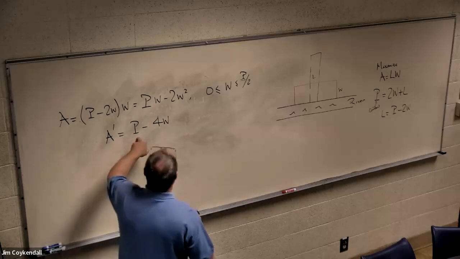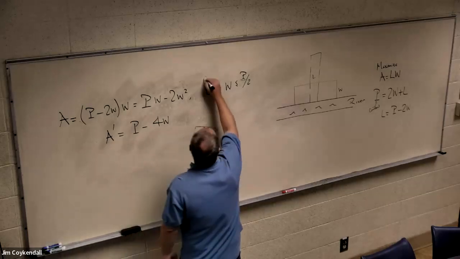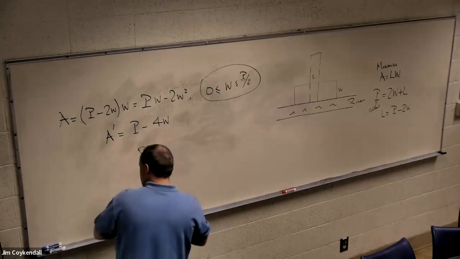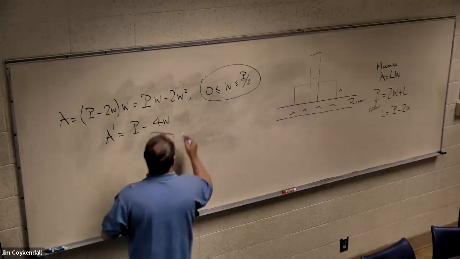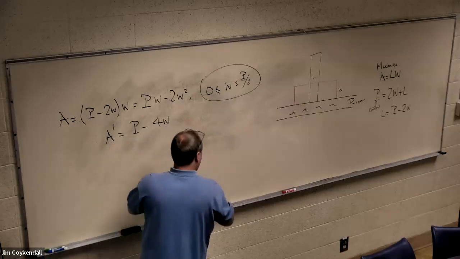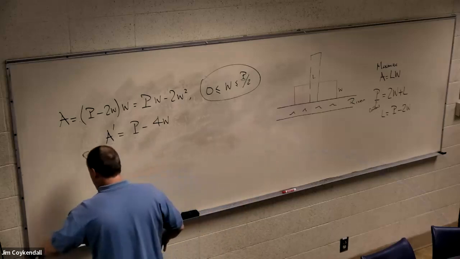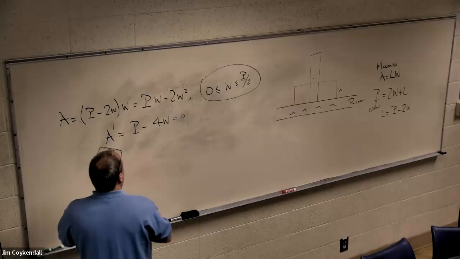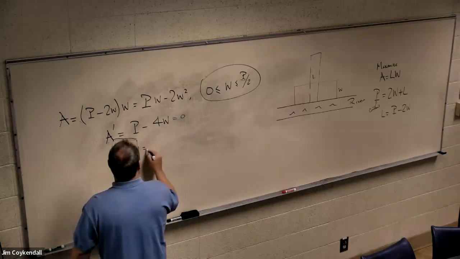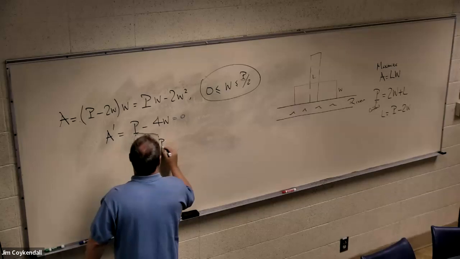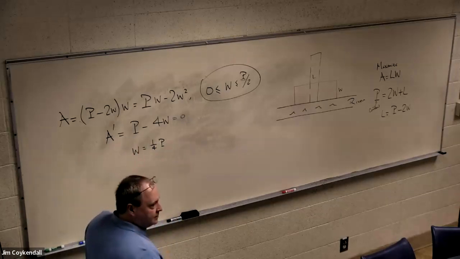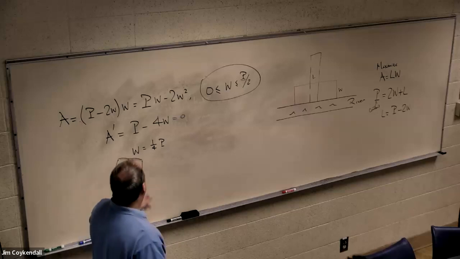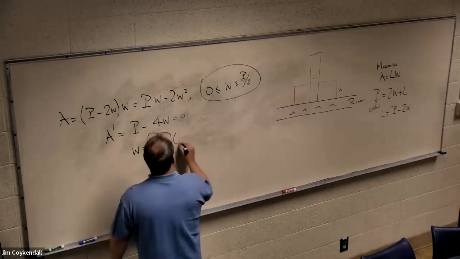So let's find the critical numbers in this range. Well, there's no way this is undefined, but set this to 0. If we set that equal to 0, I get the solution W is P over 4. This is the only critical number.